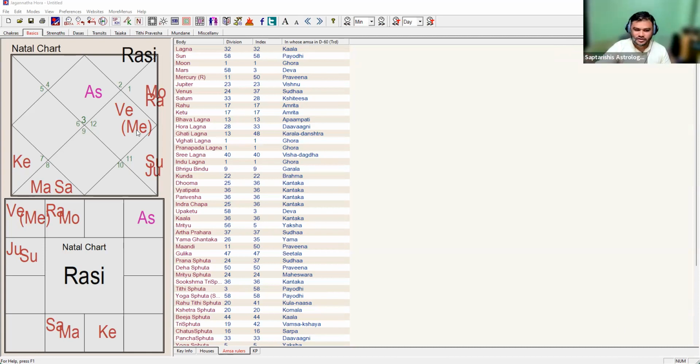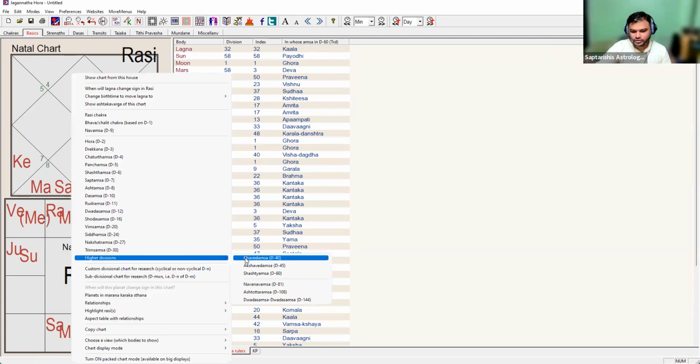Okay, so let's see this chart. There are two charts in it, D40 and D45. Can you see these things? Khavedamsha and Akshavedamsha. One for mother and one for father, I guess, right? Yes, D40 is from the maternal side, D45 is from the paternal side.